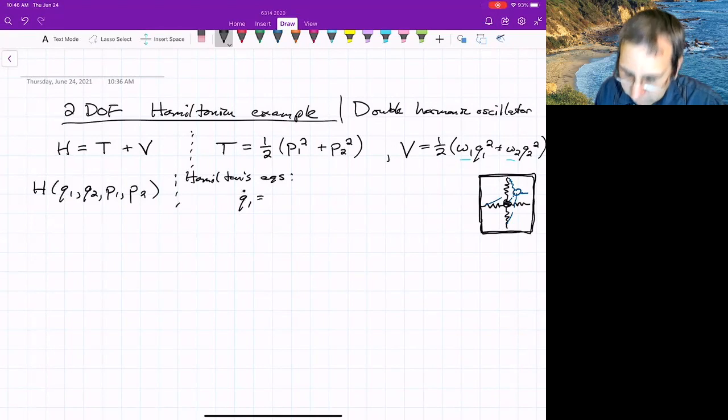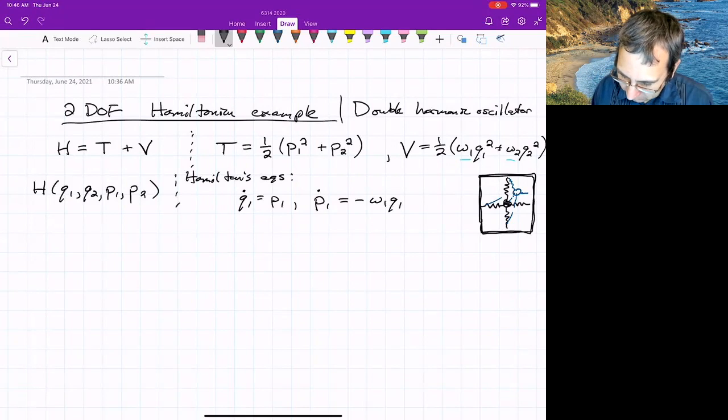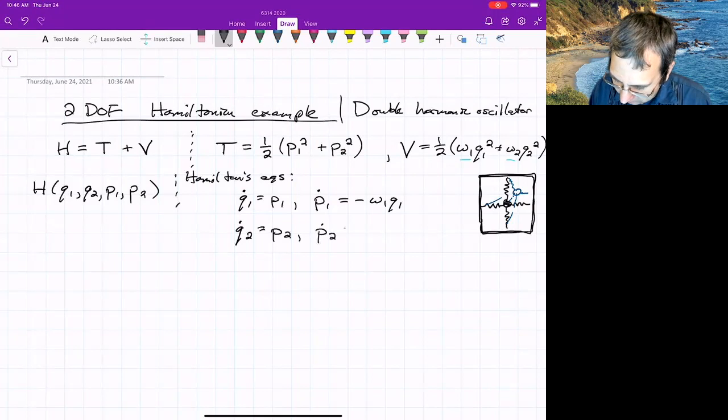Q1 dot is going to be partial H, partial P1, which just gives us P1. And we can group these however we want. I'll do P1 dot. P1 dot is negative partial H, partial Q1. So that gives us negative omega-1 Q1. And then same thing for Q2 dot is P2, and P2 dot is negative omega-2 Q2.